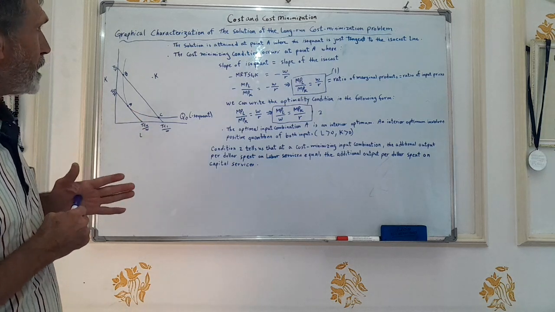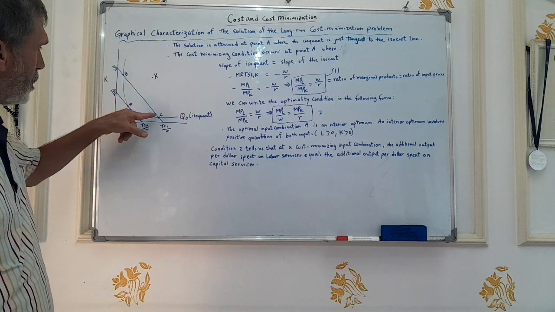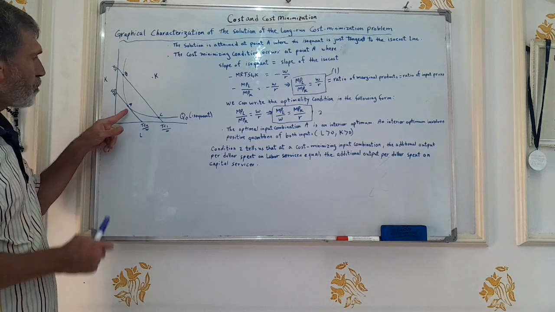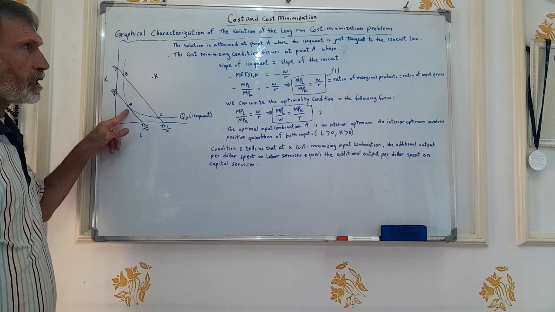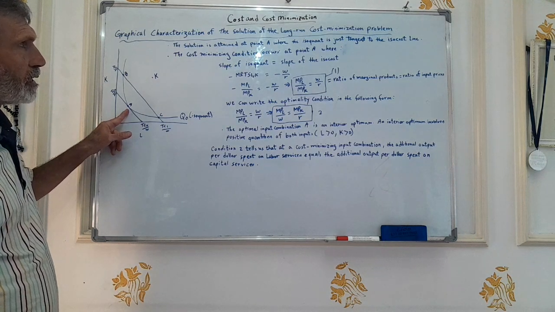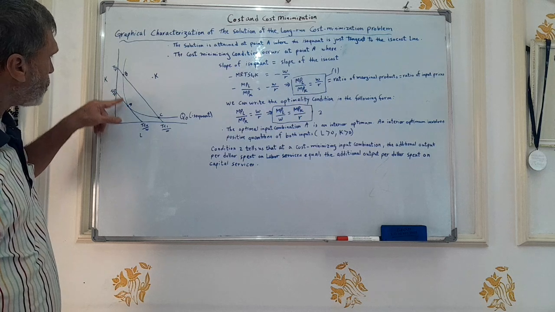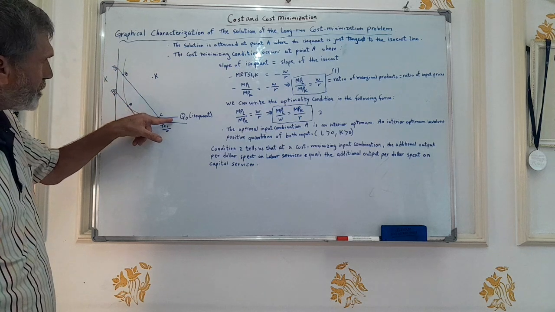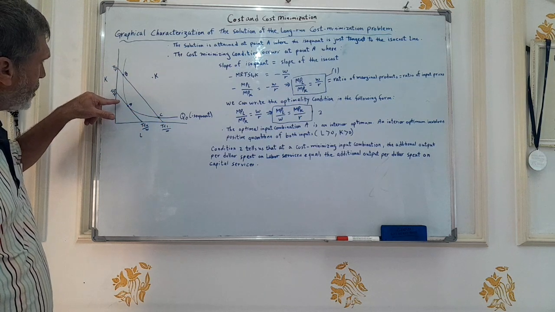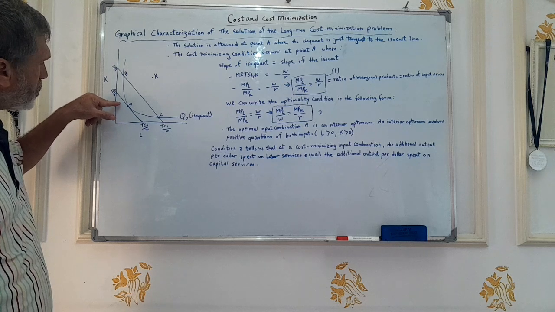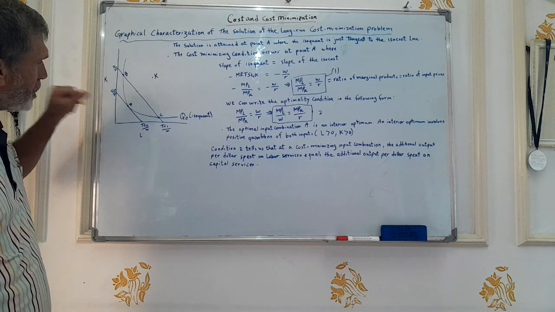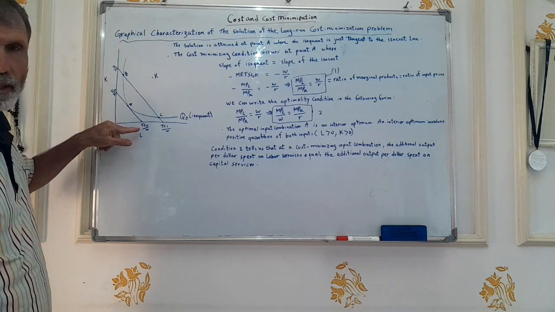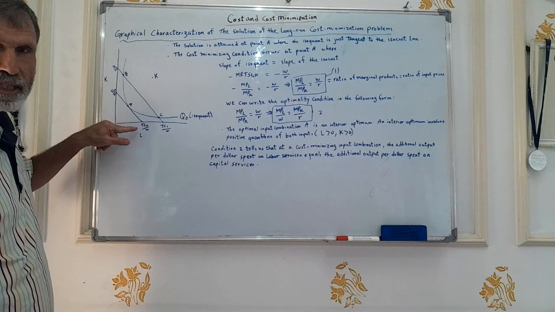Now, as you can see, the solution here is attained at point A. At point A, as you can see, the isoquant is tangent to the lower isocost that corresponds to total cost TC0.